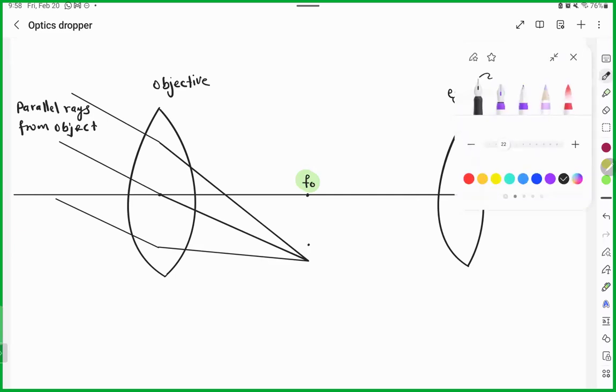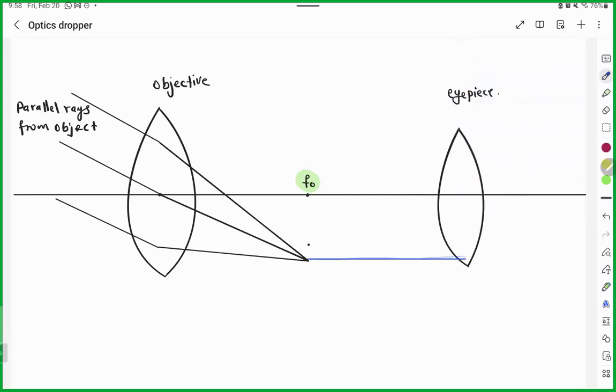Now what will happen? Light will fall from this to eyepiece, and it will also fall to this, and it passed through the focus. This is the focal length of the eyepiece.